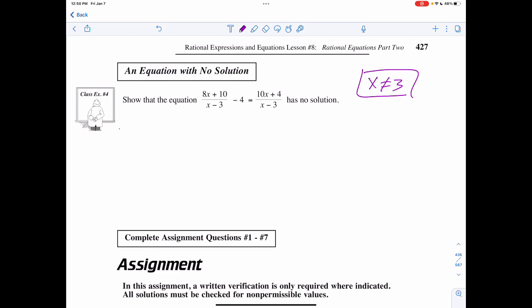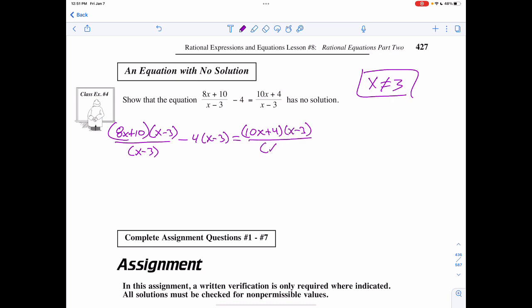So I have 8x plus 10 times x minus 3 over x minus 3 minus 4 times x minus 3 is equal to 10x plus 4 times x minus 3 over x minus 3.